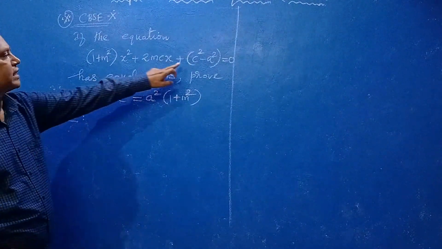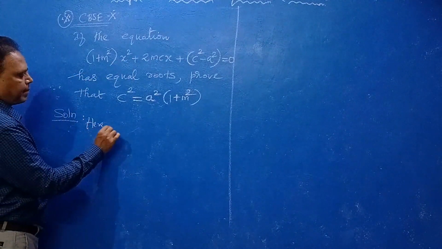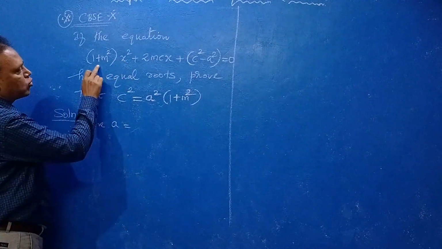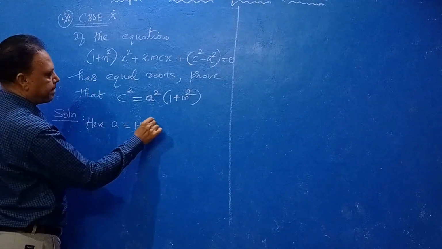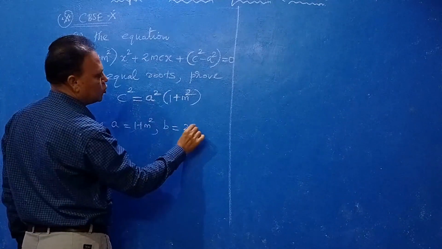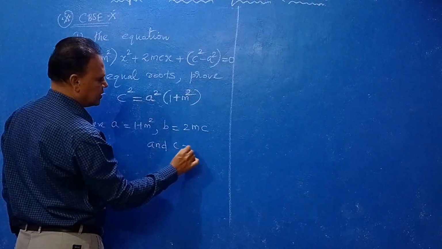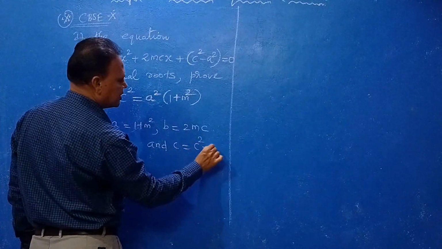So first, you see the equation. First you take a. Here the x squared coefficient you take as a, that is 1 plus m squared. What is b? The x coefficient, that is 2mc. And c you take as c squared minus a squared.